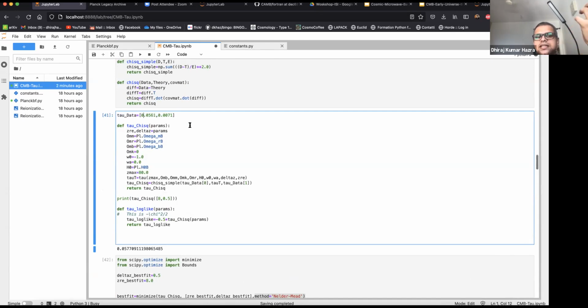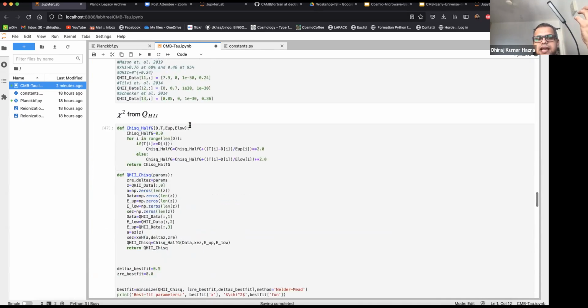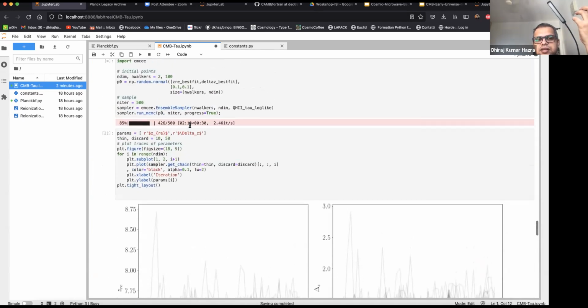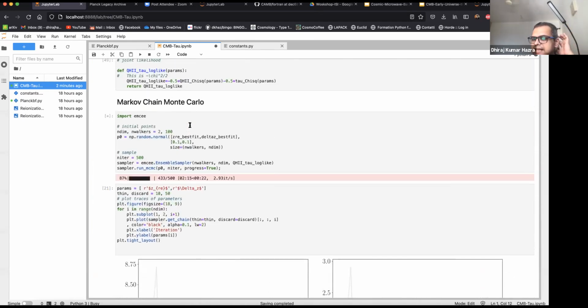Using this constraint, I am now varying my reionization history by varying z_re and delta. I'm trying to find what my constraint on z_re and delta is if the tau value is 0.0561 plus or minus 0.0071, along with some constraints on the neutral hydrogen data. Clear? Okay, yeah.